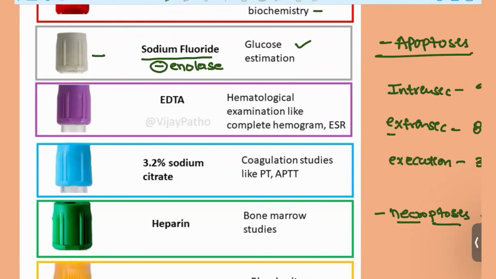Next, lavender color with EDTA is useful for the complete hemogram like CBC or erythrocyte sedimentation rate. Next, sky blue contains 3.2% sodium citrate used for coagulation studies such as prothrombin time.